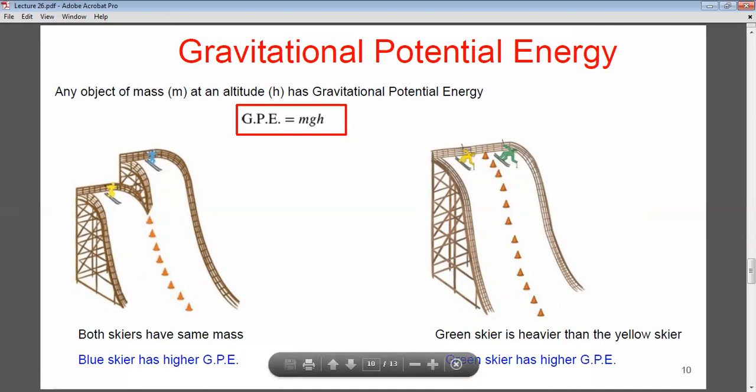In this case, the green skier will have higher GPE. So if these two guys fall, the green one will possess more energy. He can go a much longer distance. And in this case, the same thing, the blue guy will go a longer distance because he has higher GPE.